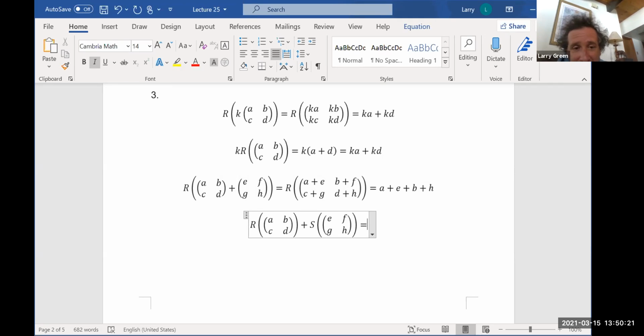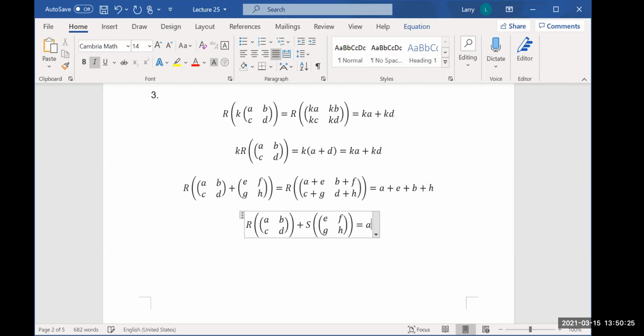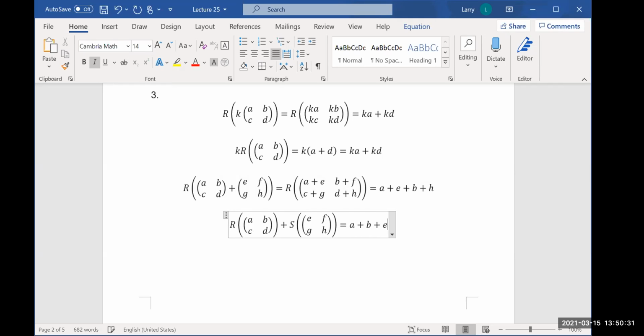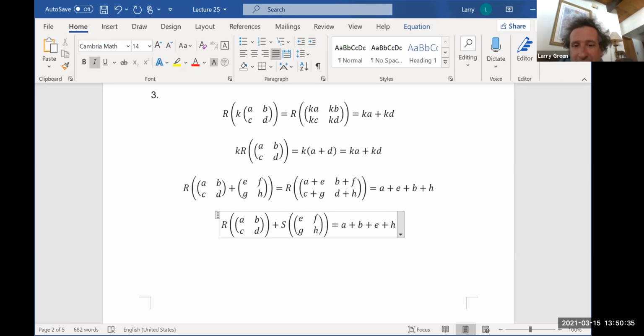Okay, what's R of ABCD? A plus D. And what's S of EFGH? E plus H. Are they the same? Yeah, because remember it's addition. Addition satisfies commutativity, then that's good. So therefore, R is a linear transformation.